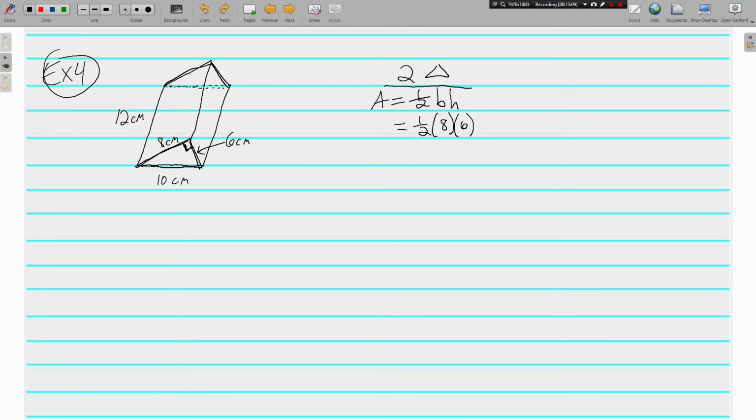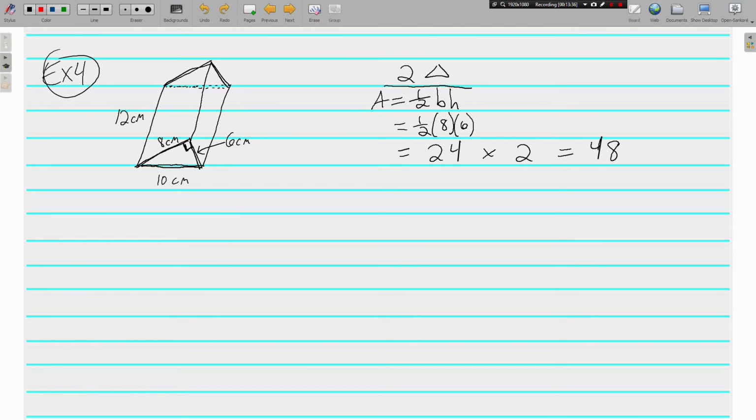Even though 10 is on the bottom, it doesn't make a right angle in that triangle, so it's not the base. 1/2 of 8 is 4, times 6 is 24, and remember there are 2 triangles, so 24 times 2 gives us 48 square centimeters for the triangles.